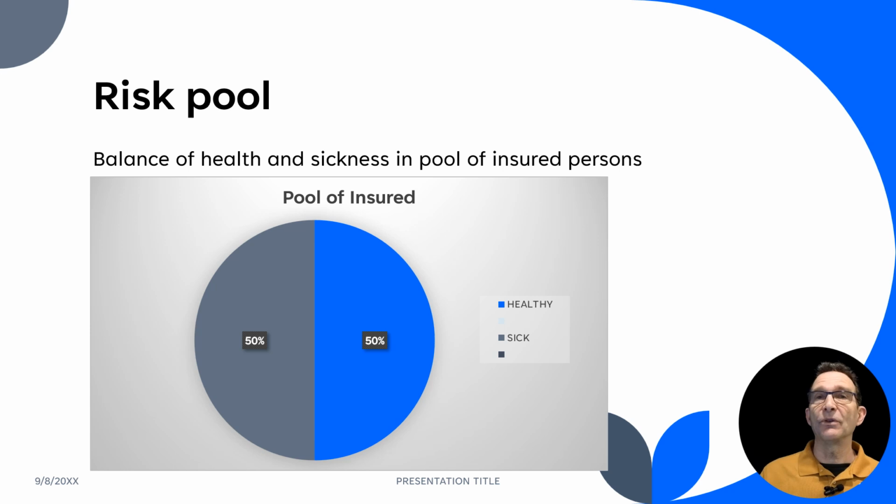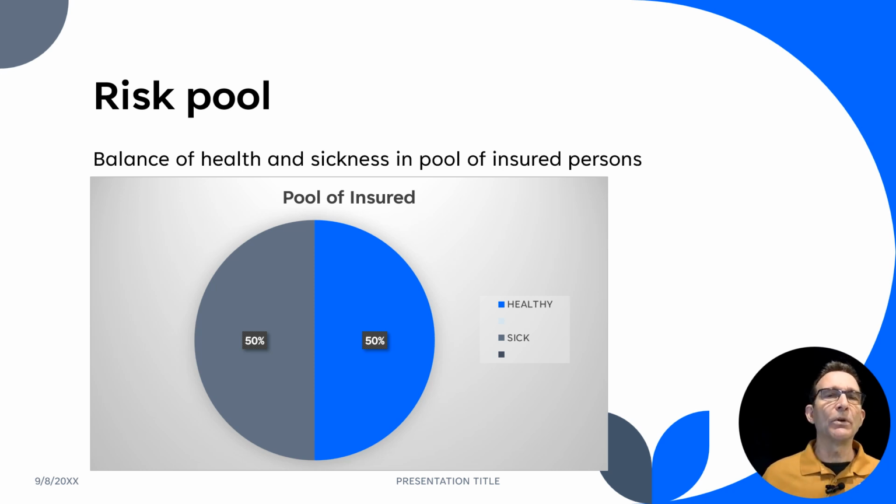Another concept in insurance that we've talked about in other training is a risk pool. Remember, when an insurance company is taking on risk, they consider that risk in terms of a whole pool of insured, not just one individual. That enables them to come up with all the calculations they need to make sure that they can cover their costs, be profitable, and cover the risks they're agreeing to in the policies they sign up.